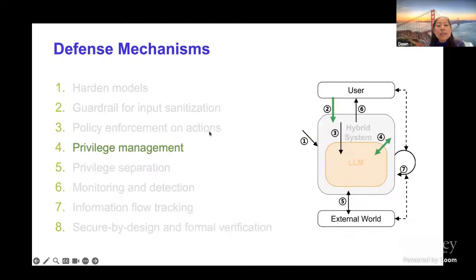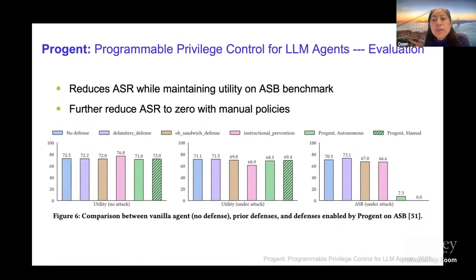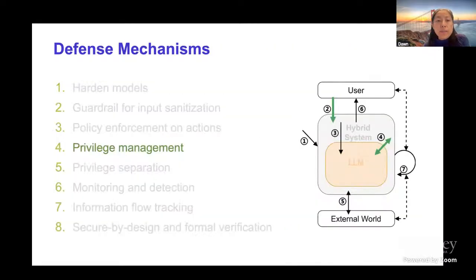So that's policy enforcement on actions. Essentially, we can develop various guardrails on the actions that agents take to ensure the agent actions satisfy security and safety policies. Now I'll briefly talk about privilege management as another defense mechanism.